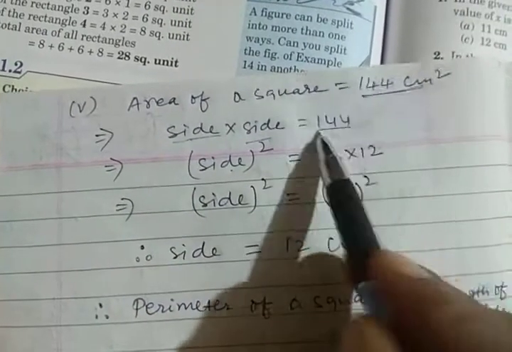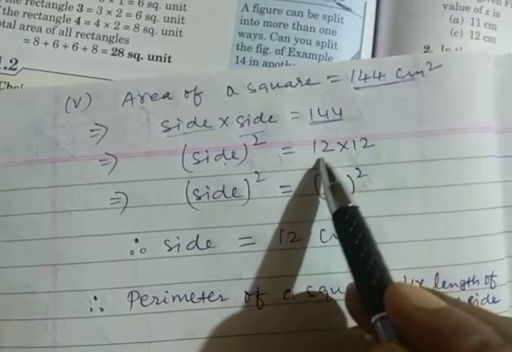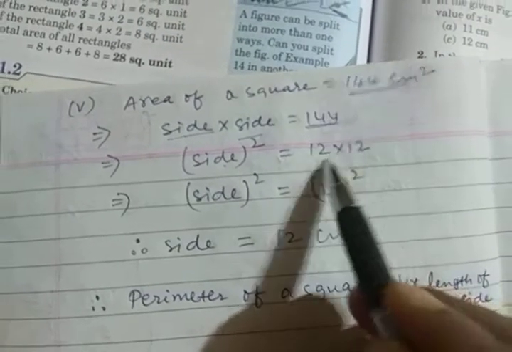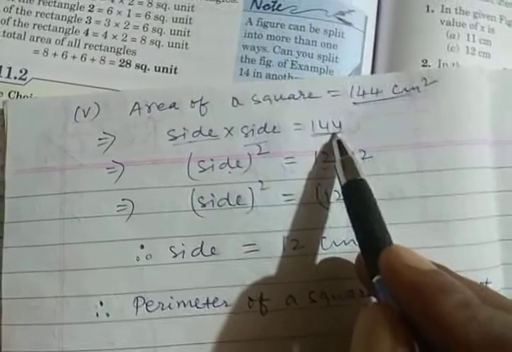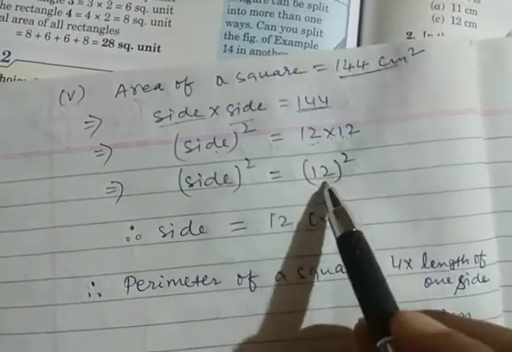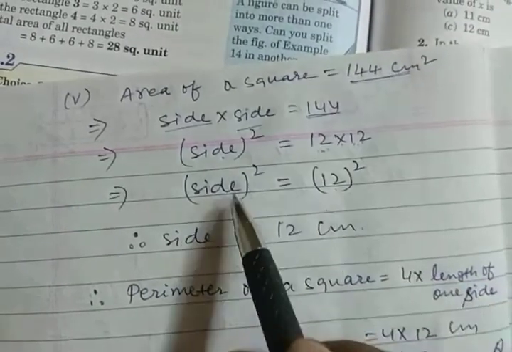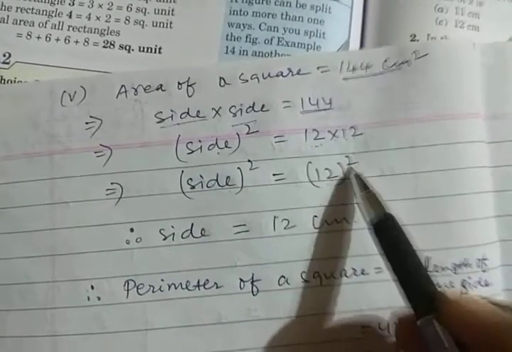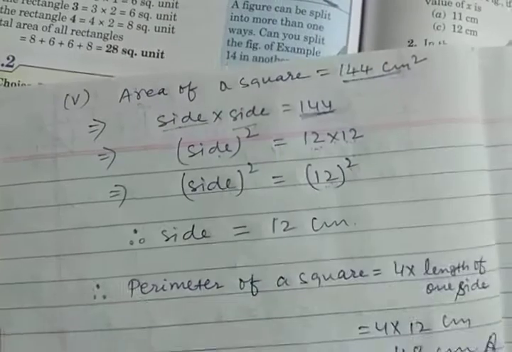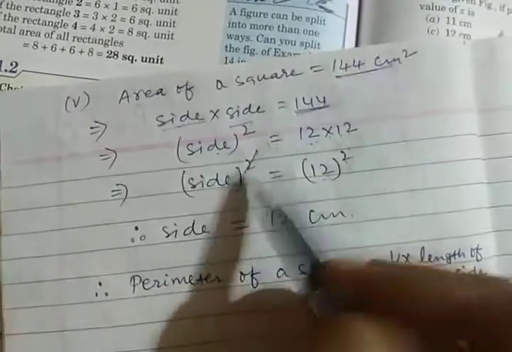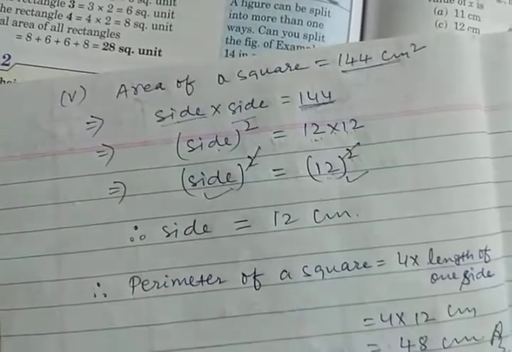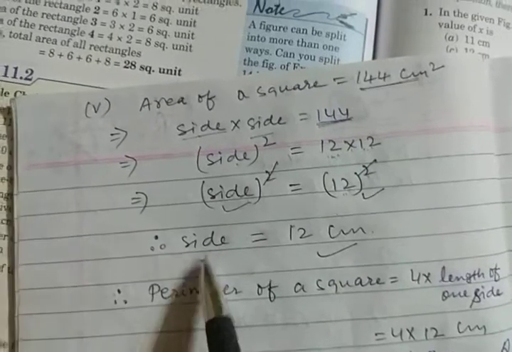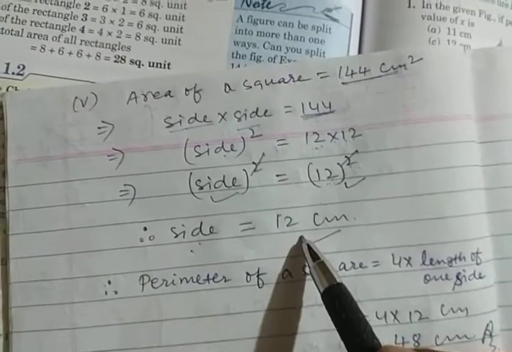We can write 144 as 12 multiplied by 12. 12 times 12 is 144. So side square means 12 square, and 12 square means 144. So the square cancels, and the side is 12 centimeters.